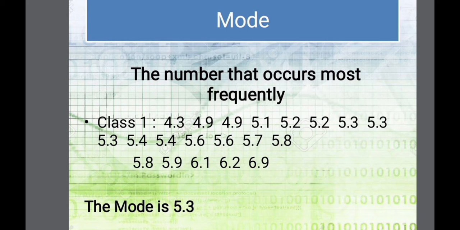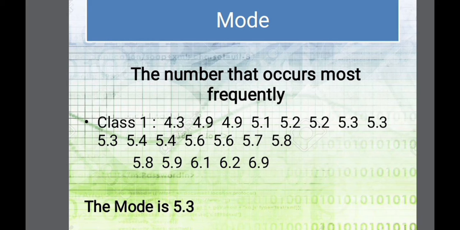The next is mode. Mode is the number that occurs most frequently. And I put an example from the first class. Class 1, like 4.3, 4.9, 4.9, 5.1 until 6.9.